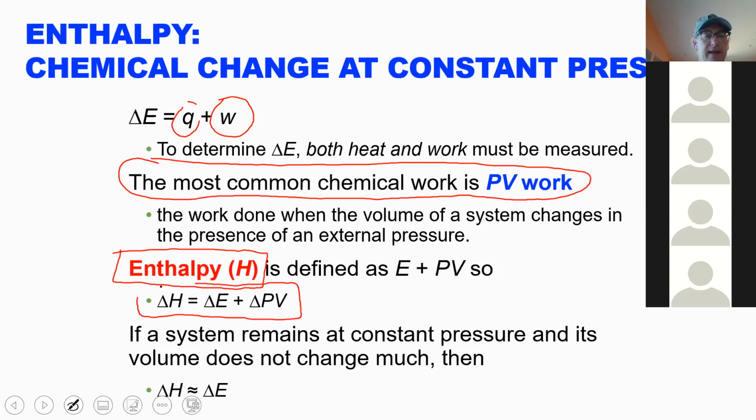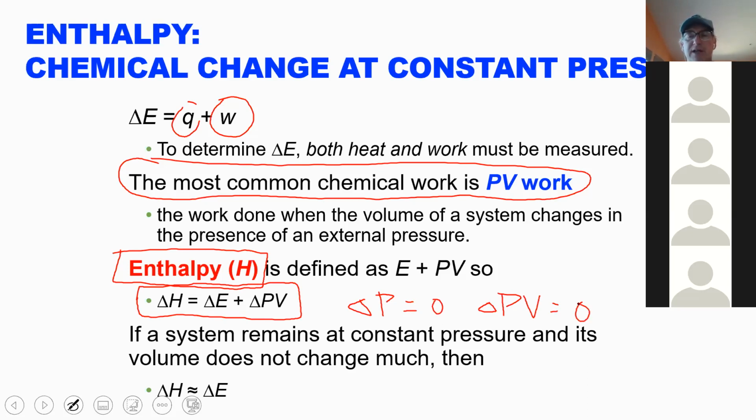So the change in the heat and the change in work is given by delta E and delta PV. We can see that if the change in pressure is 0, then this term is 0. So if delta P equals 0, then delta PV equals 0 as well.